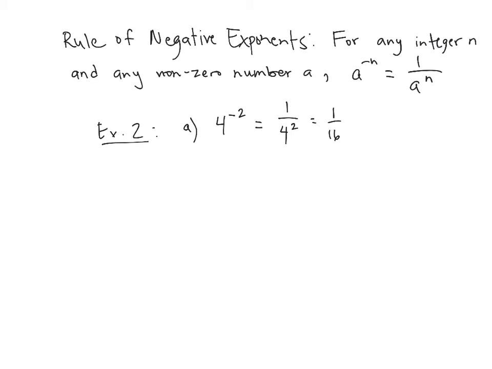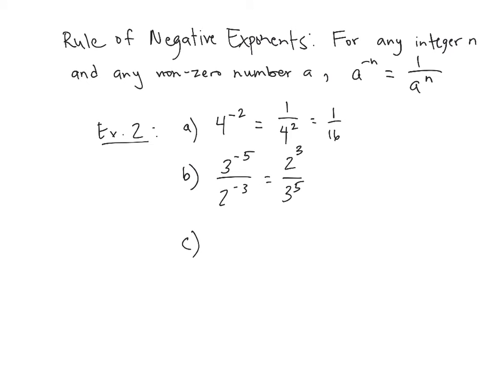Or if I have something like 3 to the negative 5 over 2 to the negative 3, it's kind of interesting. We think of it as a reciprocal. If there's something in the bottom with a negative exponent, it's going to move to the top. And if there's something in the top with a negative exponent, it's going to move to the bottom. So it'd be 2 to the 3 over 3 to the 5.